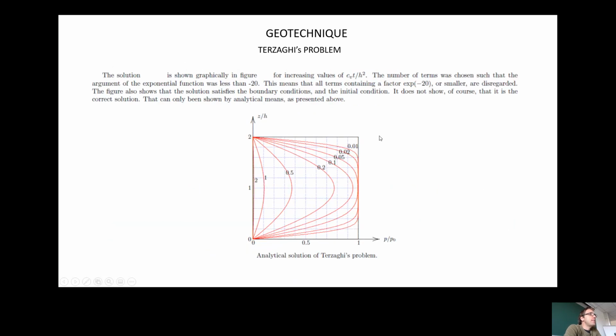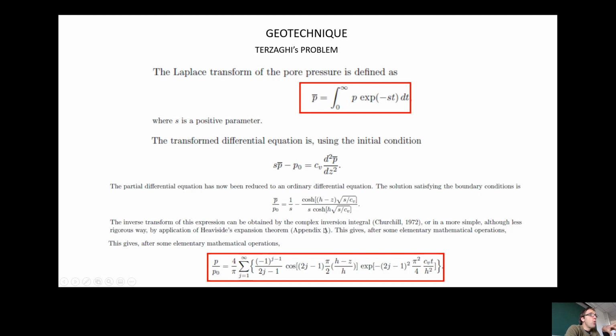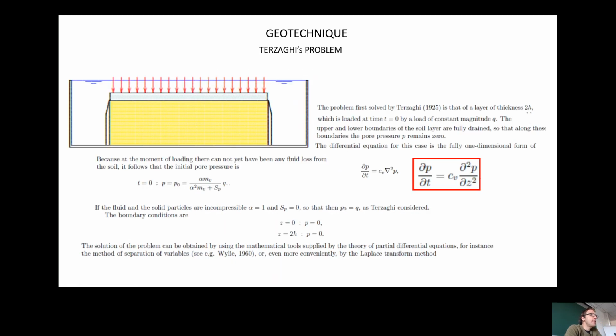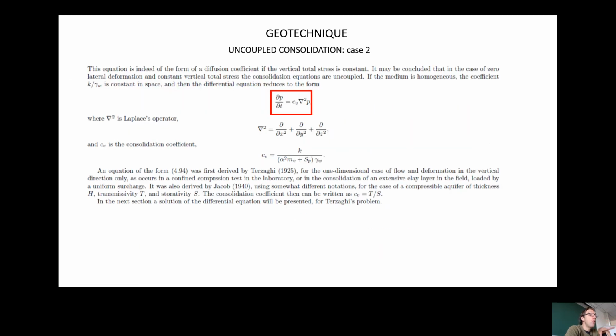We see that here we were talking about what happened when we increase the values of CvT/H². That was definitely the Terzaghi differential equation, which we introduced here. In particular, remember that what we started from was the differential equation in the fully one-dimensional form.